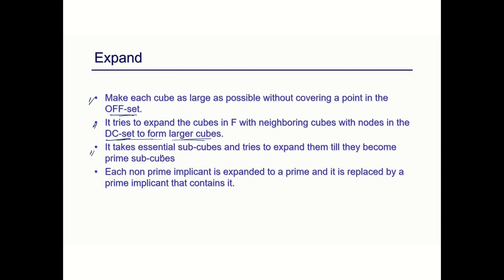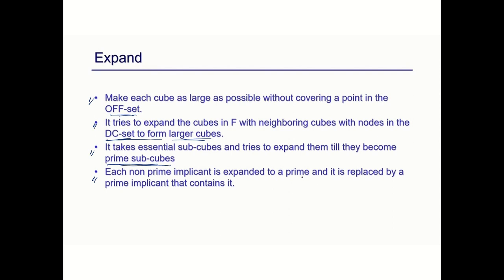Then it takes the essential subcubes and tries to expand them till they become the prime implicant. So what is our target? We'll expand till it is a prime implicant, that means no further reduction is possible. That is exactly the prime subcubes. We'll go up to the prime implicant. Next, each non-prime implicant is expanded to a prime.